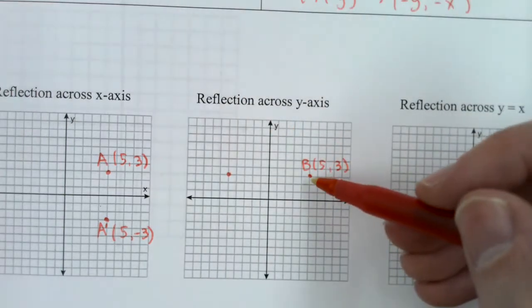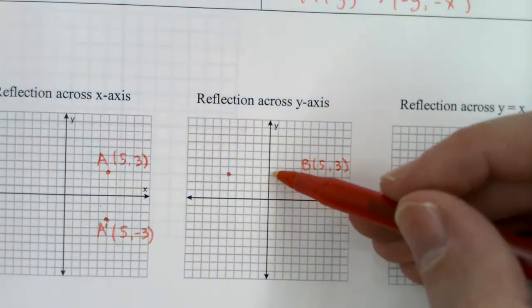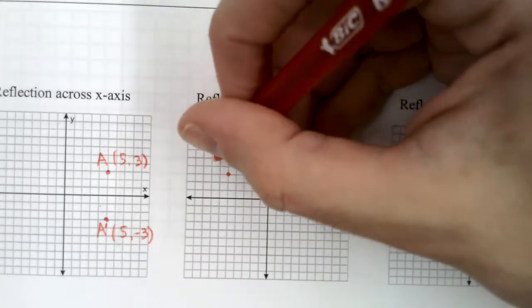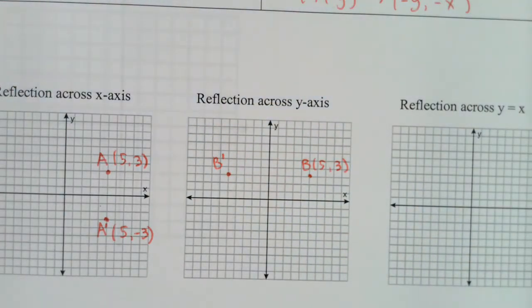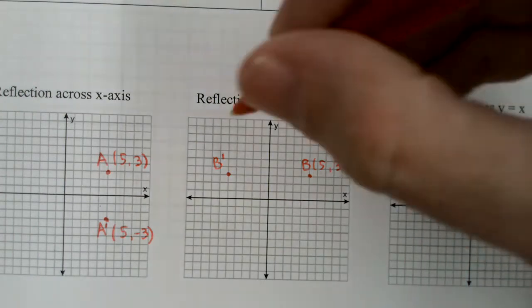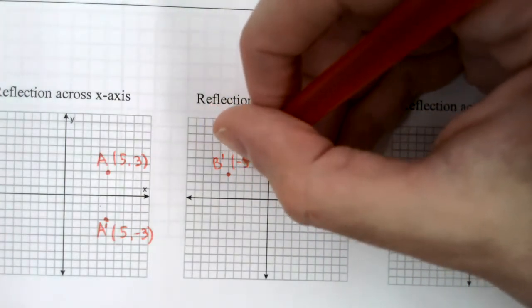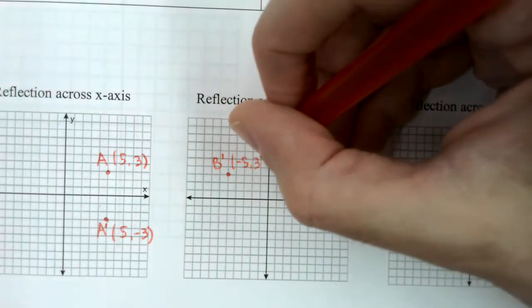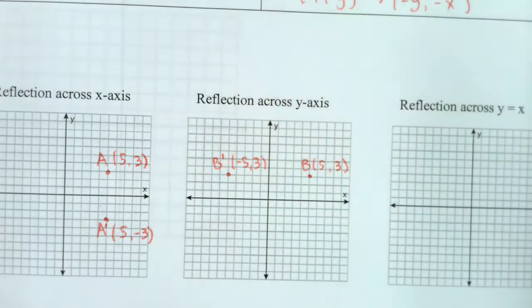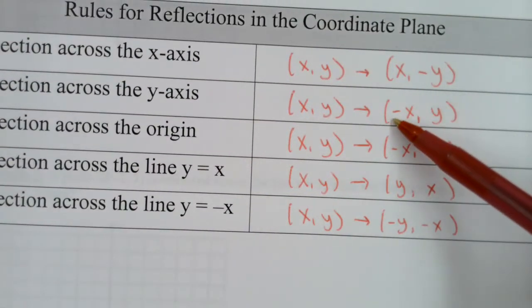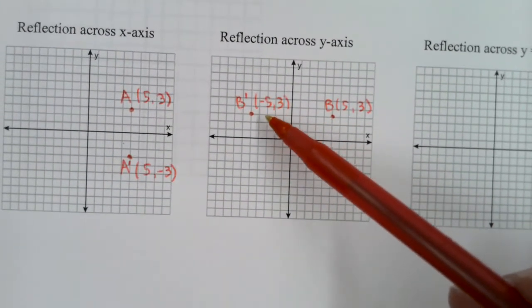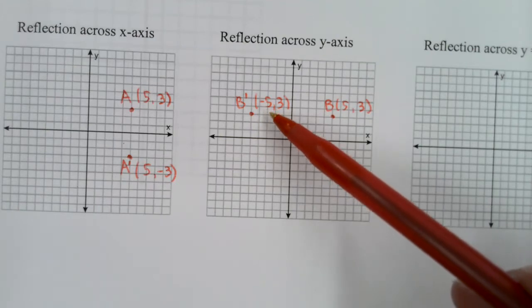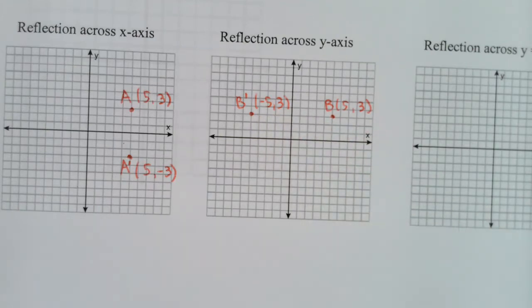If B is 5 to the right of this line, then B prime is 5 to the left. So this is B prime when I reflect it across the y-axis. What changed? The x value changed. This is (-5, 3). So you'll see the rule above: (x, y) maps onto (opposite x, y). So 5 goes to -5, comma 3. When you reflect across the y-axis, the x value changes.